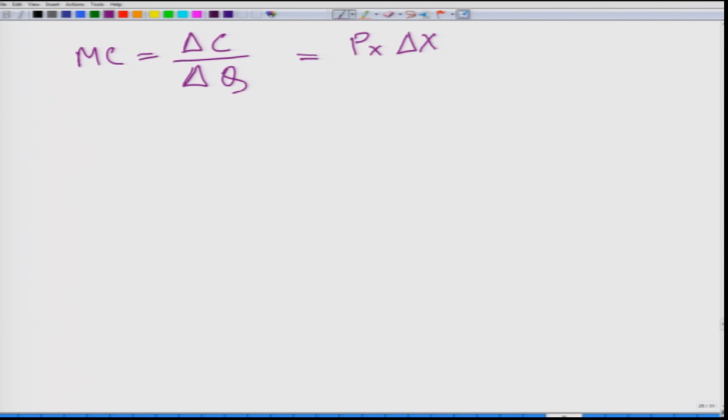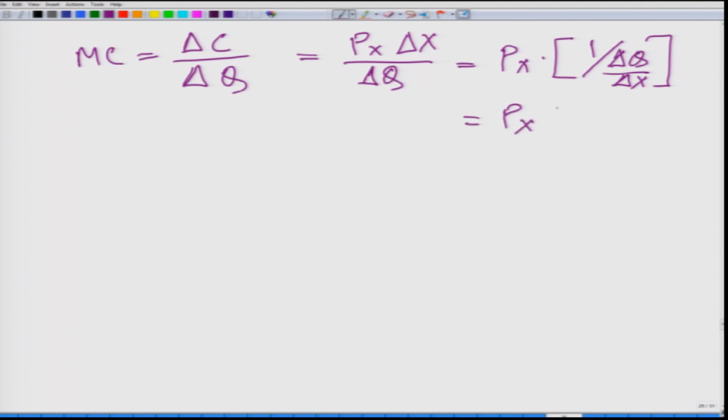So it can be the change in X, the input or any factor causing the change in cost, multiplied by the price of that particular factor, divided by delta Q. Eventually we can call it Px times 1 by delta Q by delta X. So this delta X by delta Q is the inverse of delta Q by delta X, and 1 by delta Q by delta X is nothing but 1 by the marginal product of X, the change in output because of the change in input X.